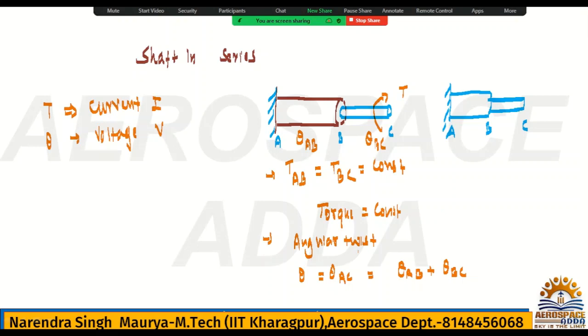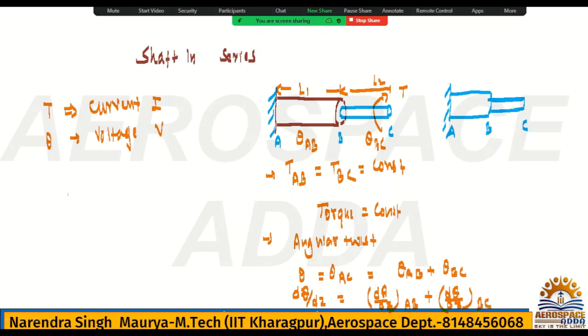Suppose this length is L1, and this length is L2. So angular twist per unit length, for any length you can take, is d theta by dz. So it will be d theta by dz for AB plus d theta by dz for BC.